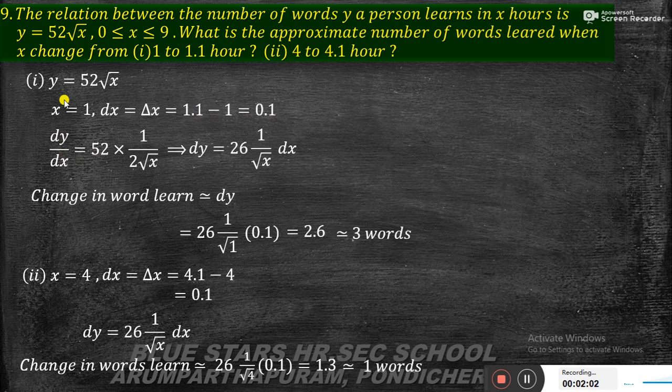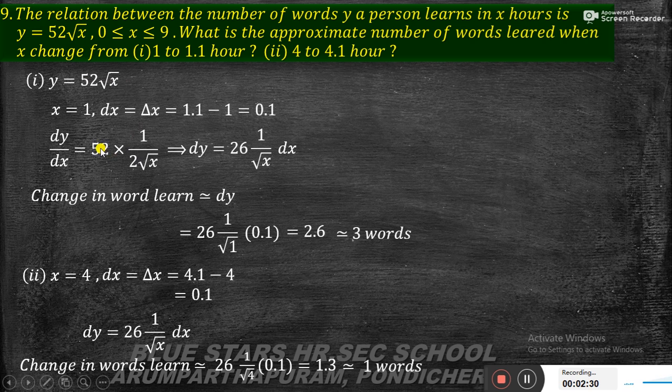Next dy by dx. We know this is a given function, from this we calculate dy by dx. So dy by dx equal to 52 into, I differentiate the root x. The differentiation of root x is x power 1 by 2, and differentiation of x power 1 by 2 is 1 by 2 into x power 1 by 2 minus 1, which is x power minus 1 by 2. X power minus 1 by 2 is 1 by root x.